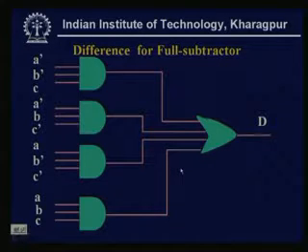So, if we see the difference for the full subtractor, then it is totally the same as that of the full adder circuit, because that expression is same. So, already we have discussed this, four 3 input AND gates and one 4 input OR gate are needed.